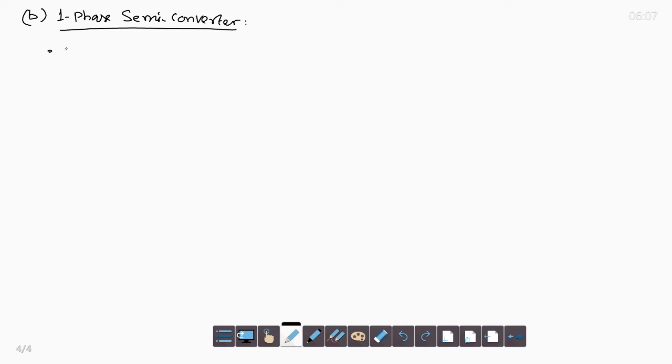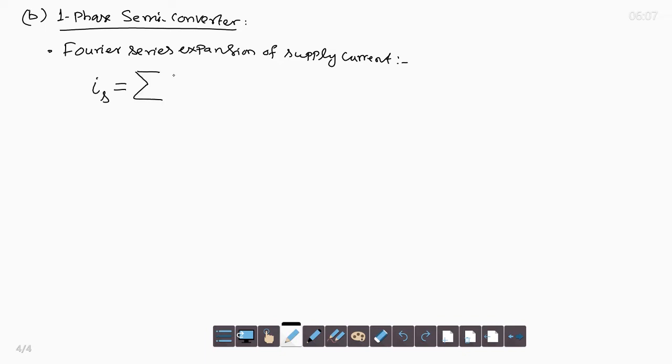So consider the source current. The Fourier series expansion of the supply current can be done considering the waveform which we have derived in today's first slide. The Fourier series expansion is like this: Is is the summation of 4 IA by n pi cosine of n alpha by 2, times sine of n omega t minus n alpha by 2, where all the odd harmonics are present.